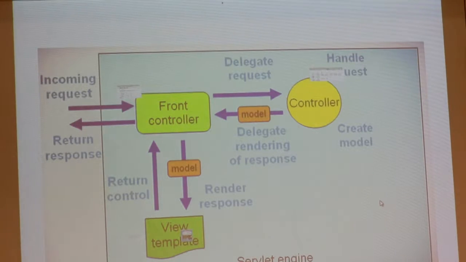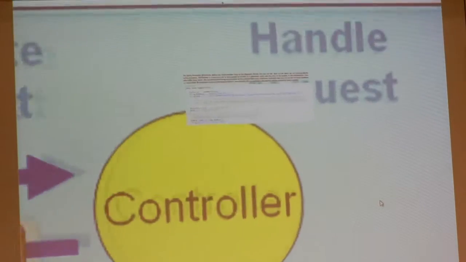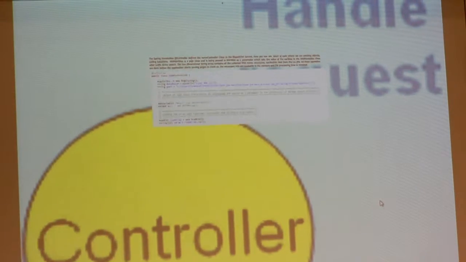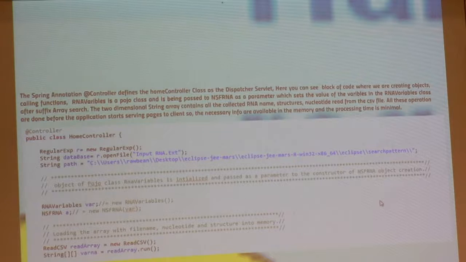This is the structure of the servlet engine, and I would like to show you some of the code here, like this one. You have seen this before too, but now I have added some lines so that it is much more clear, even in the future if you want to go through this again.